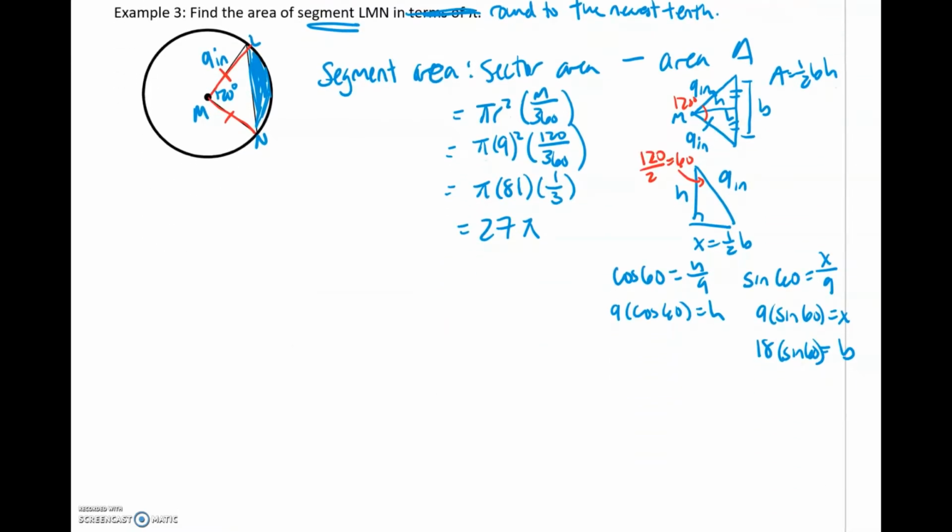So then the area of this triangle is 1/2 of 18 sine 60 times 9 cosine 60. All right. And we can clean that up a little bit, and we can do half of 18, which is 9. 9 times 9 is 81. So 81 times sine 60 times cosine 60 is the area of that triangle.